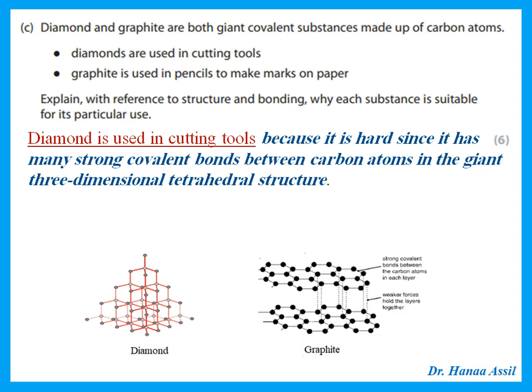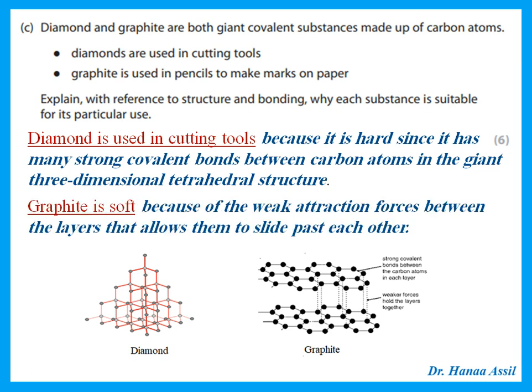Now, graphite, he's saying, is used in pencils to make marks on paper. That means it is soft. So why is it soft? It is soft because there is weak attraction forces between layers that allows them to slide over each other or slide past each other. Please remember how to explain all of this.